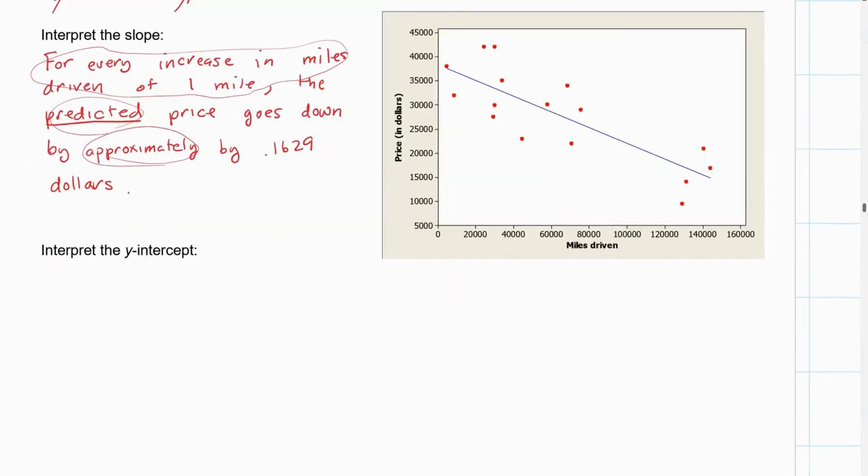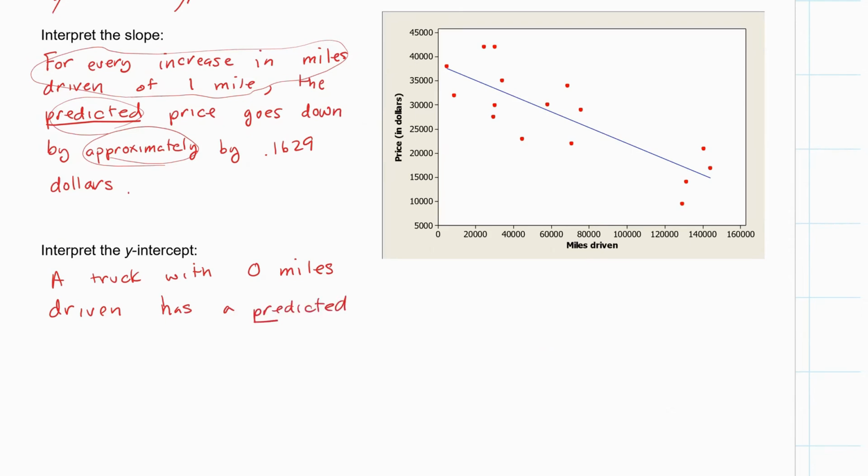What about the y-intercept? How do we interpret that? And that's a truck with 0 miles. Our x value is 0. 0 miles driven has a predicted price.